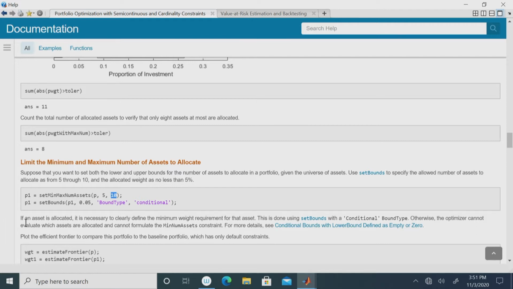Obviously, if an asset is allocated, it is necessary to clearly define the minimum weight requirement for that asset. That is the reason why we have set these particular bounds.